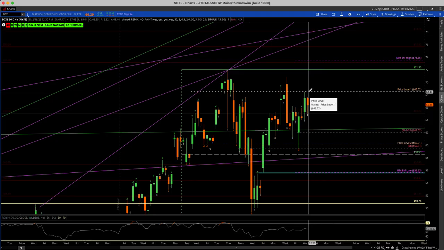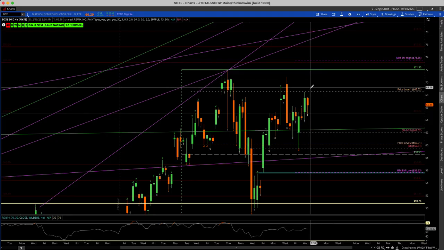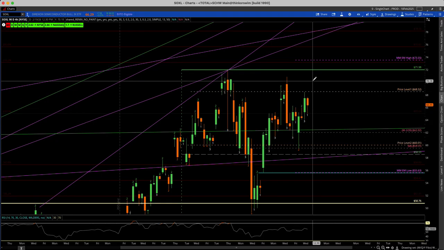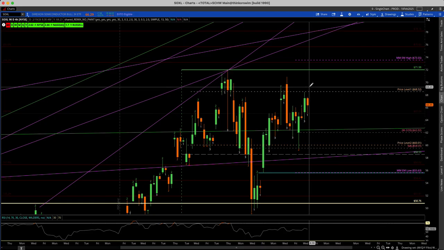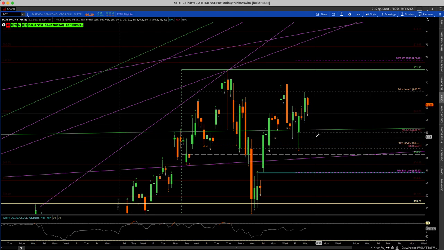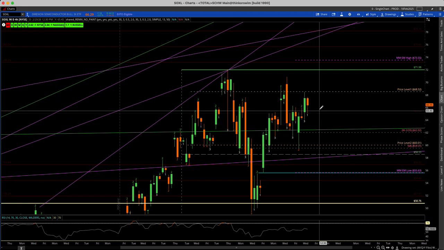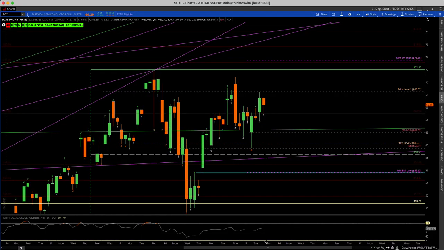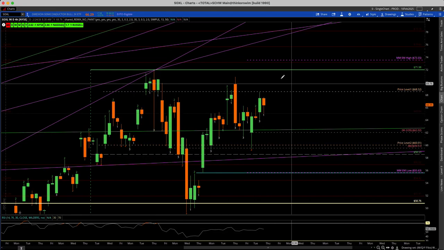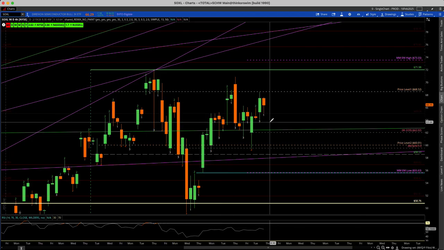So tomorrow, even if we do get that push to the upside, we do need to watch out. Is it just going to be another look above and fail for this range trade that we've been in? And then you've got to look to sell calls, buy puts on the way back down to capitalize on that price movement. So just want to keep that in mind. As far as trend on the 4 hour, haven't really established one. It's still just moving sideways, right?